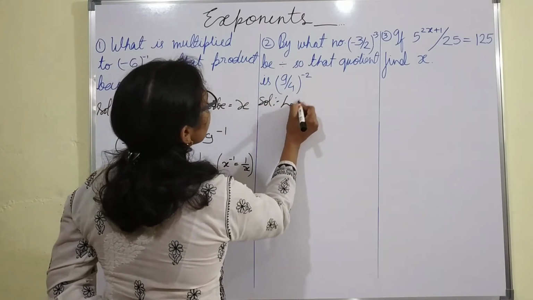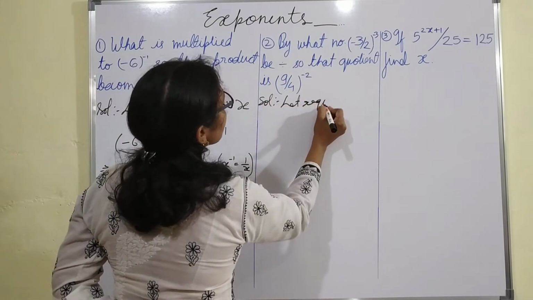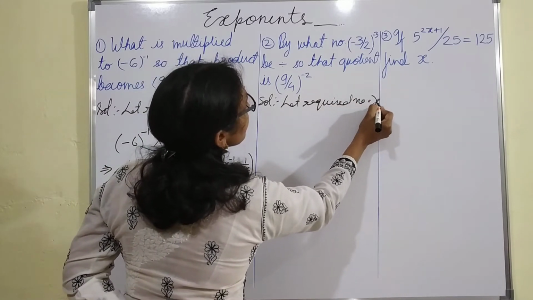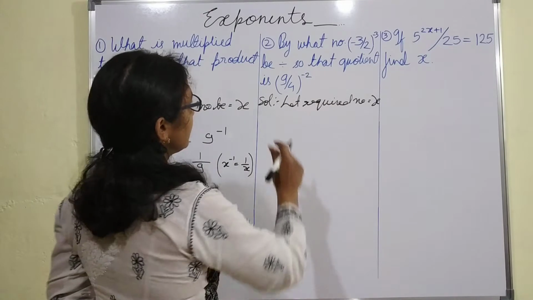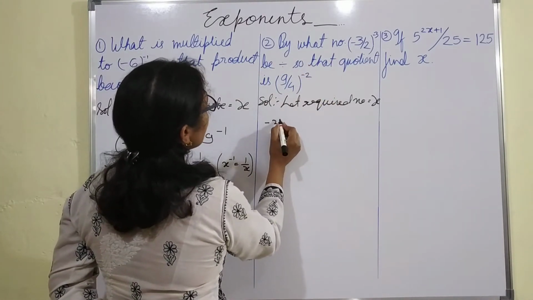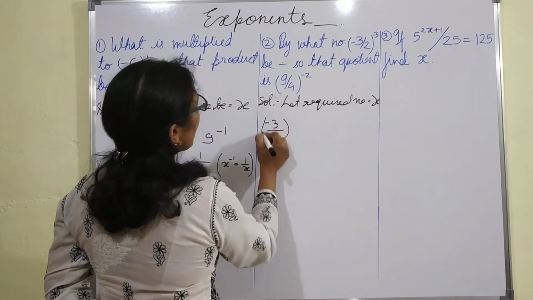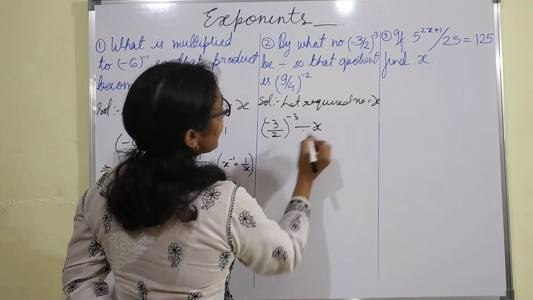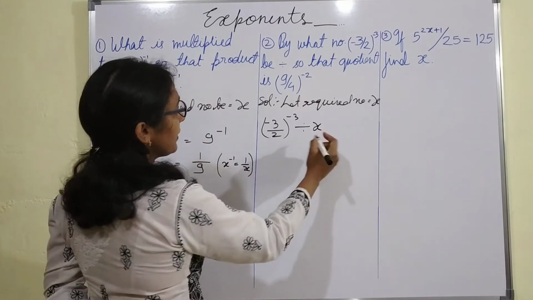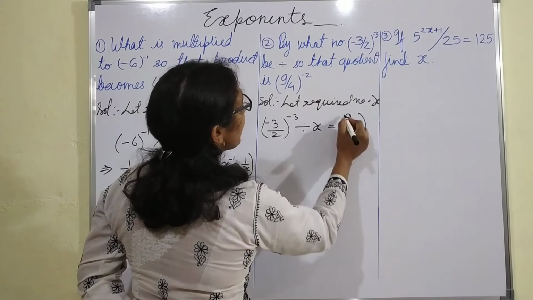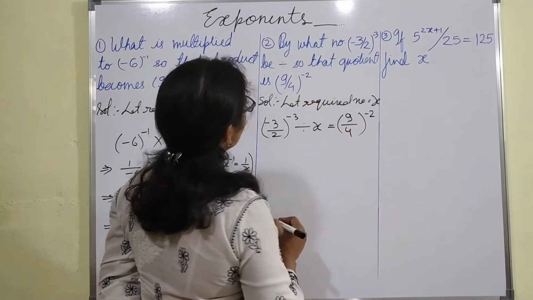Solution: let the required number be x. So this is divided. Minus 3 upon 2 power minus 3 divided by x, so that your quotient is 9 upon 4 power minus 2.